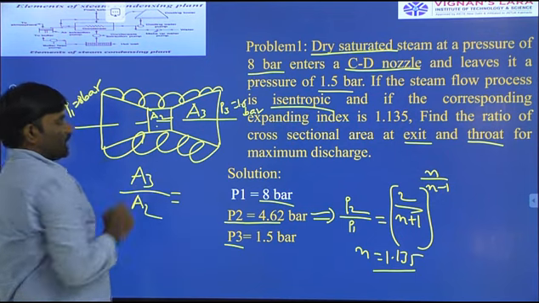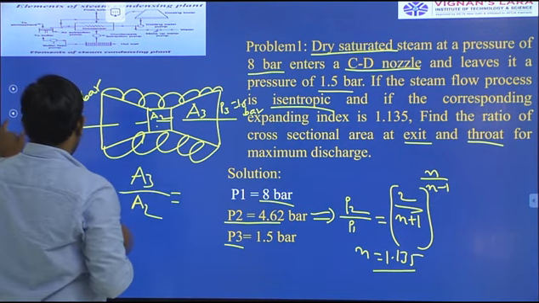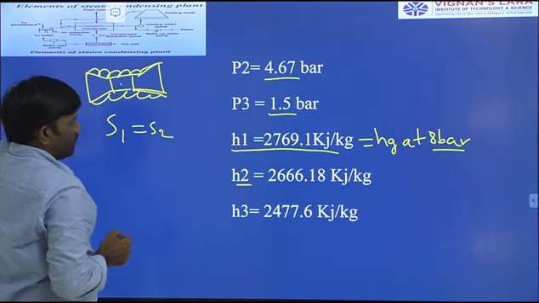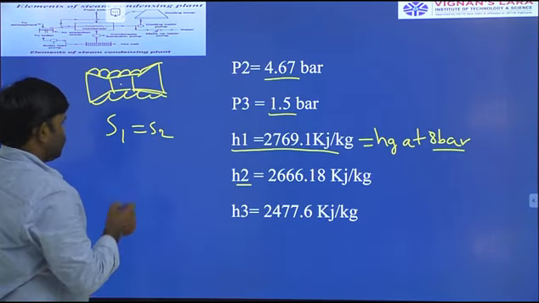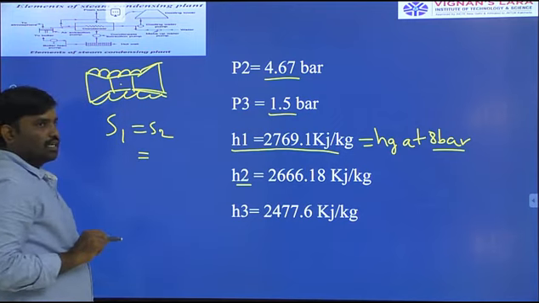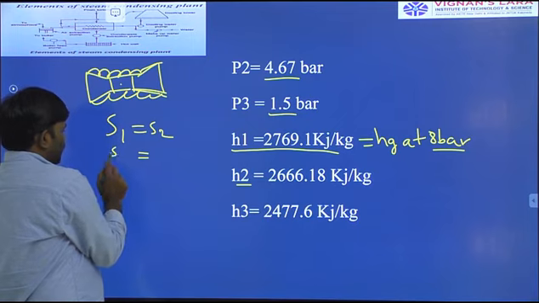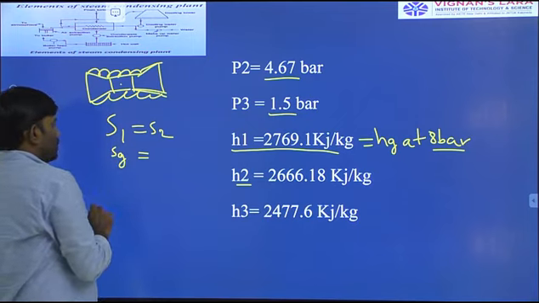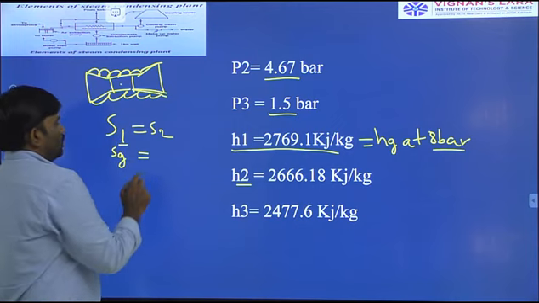So at the throat section, the dryness fraction value we determine using the isentropic expansion relation. S1 can be taken directly from the steam table book, that is Sg at a pressure of 8 bar.